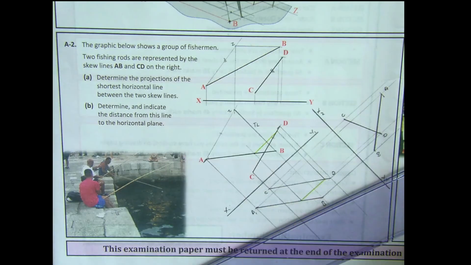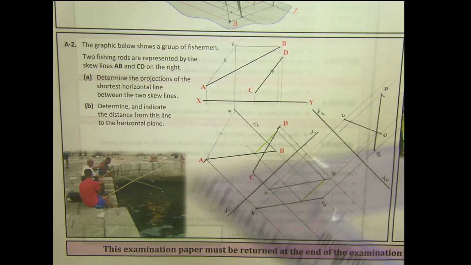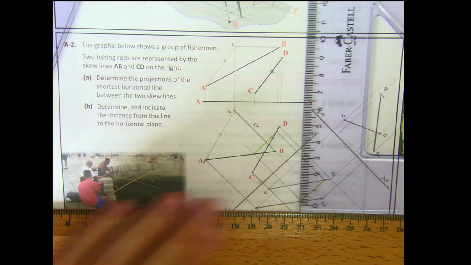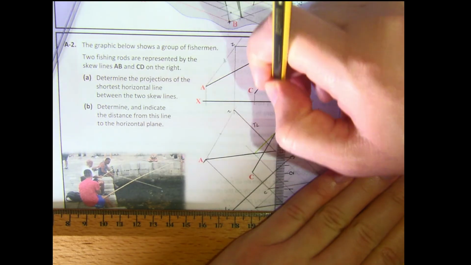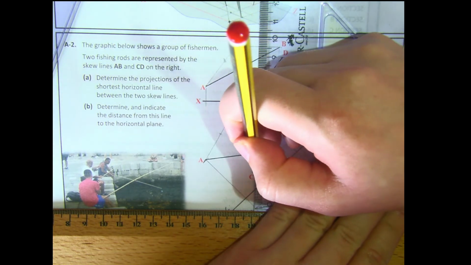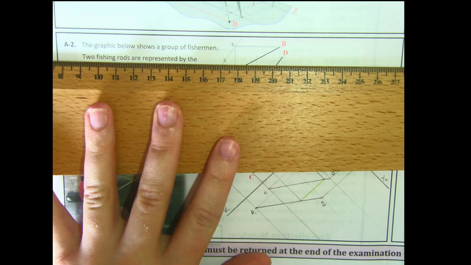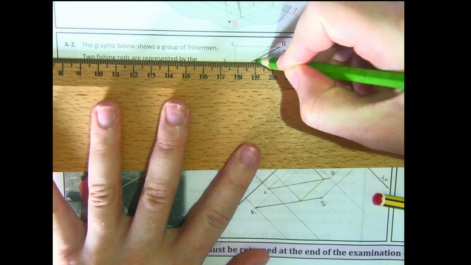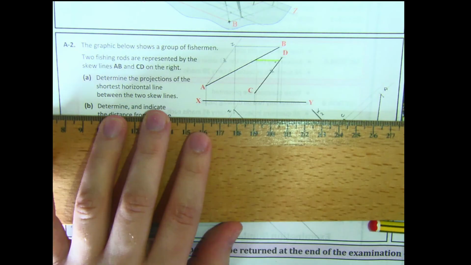There are the projections of it in the plan. And up into the elevation now again, so vertically from the plan up to the elevation. And this is a horizontal line there.